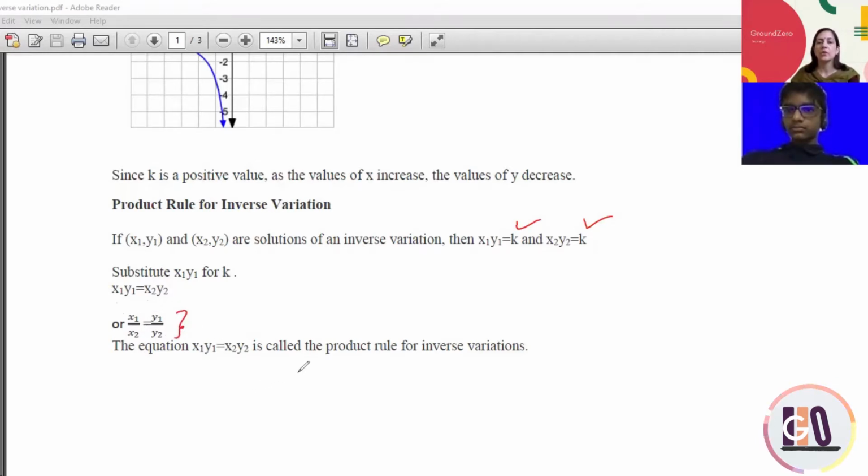This equation, x1 y1 equals x2 y2, is known as the product rule for inverse variation. Sometimes they can ask you what the product rule for inverse variation is. So we have two sets of variables, x1, y1 and x2, y2, and x1 y1 will be equal to x2 y2.